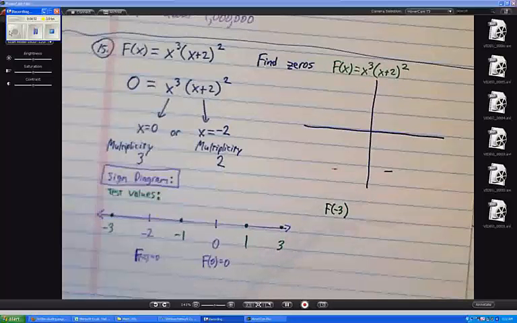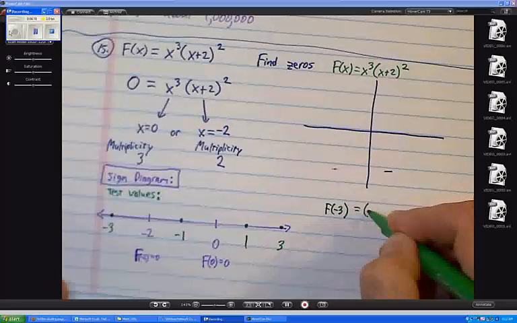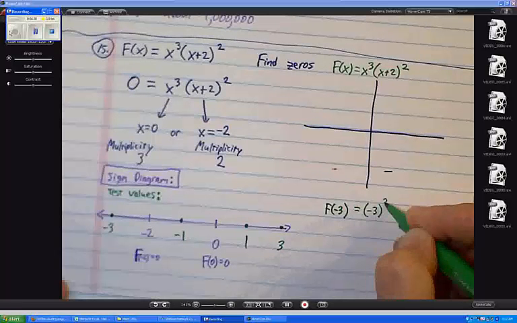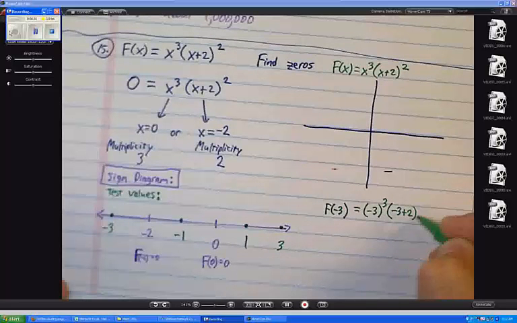I only care about one thing. You know what that is? If it's positive or negative. The reason this is called a sign diagram is because I'm trying to decide, is f of -3 positive or negative? Well, let's see. It's going to be -3 cubed times (-3 plus 2) squared.